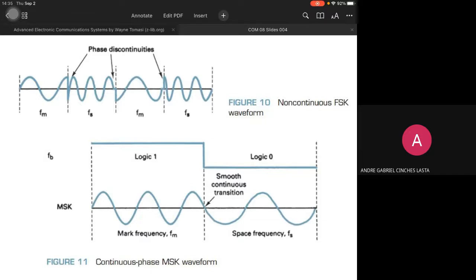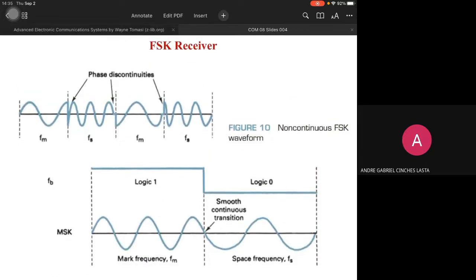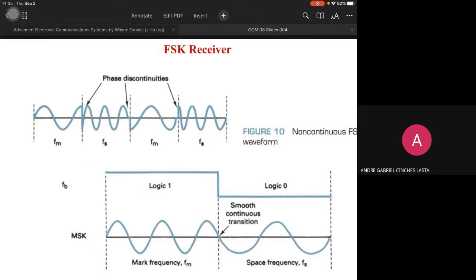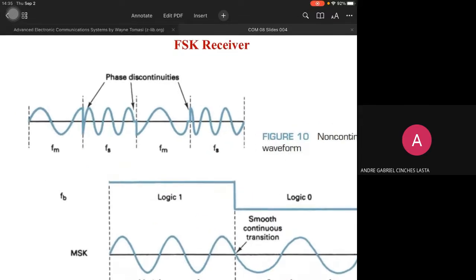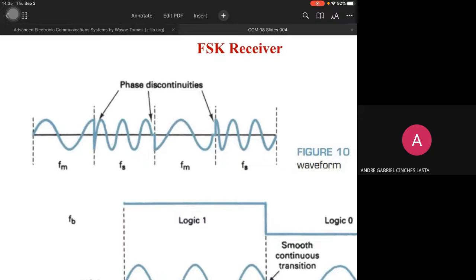So, smooth iyahang transition because sumpay ang end sa logic 1 or sa mark, and dito mo sugod ang signal sa space or sa logic 0. Whereas sa discontinuous, sa non-continuous, or synchronous, na-face discontinuity. So, dili sila sakto, dili sila sumpay.